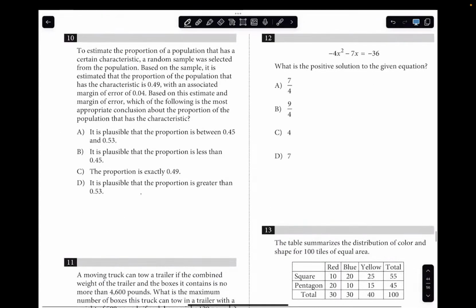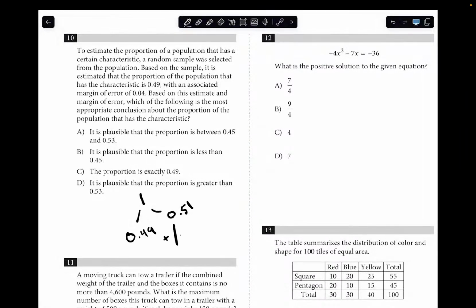So let's just start with 1, and then I go what? I either have 0.49 or 0.51, but it does reference a plus or minus of 0.04, yes? So I kind of wonder, where's my starting point?